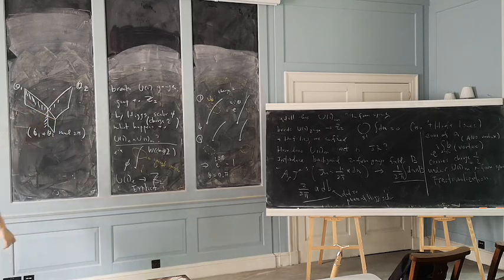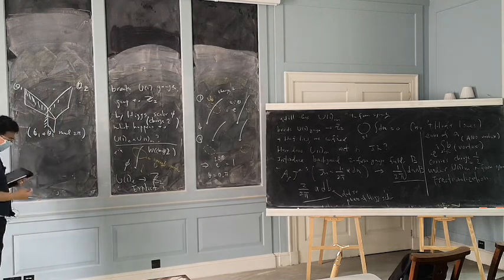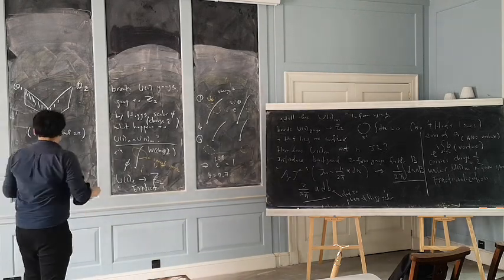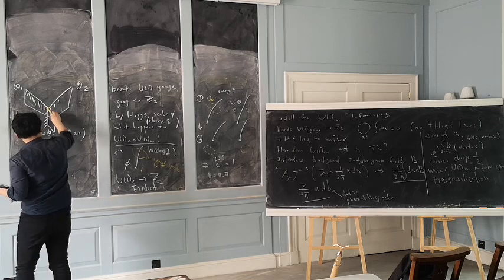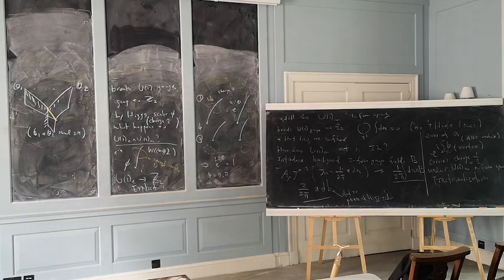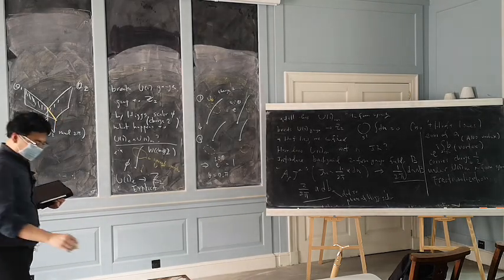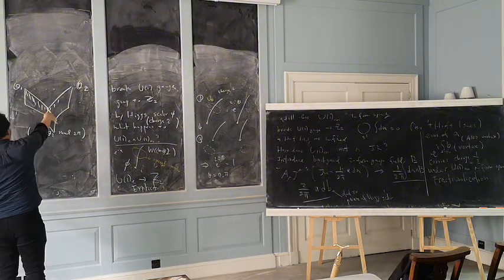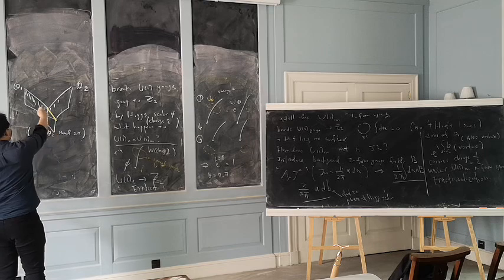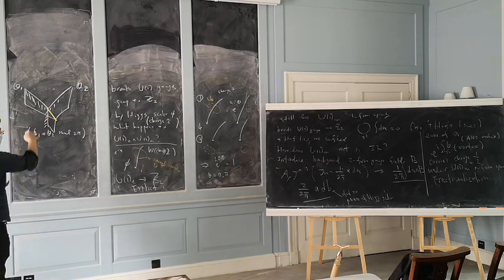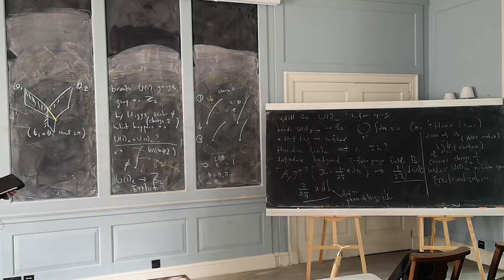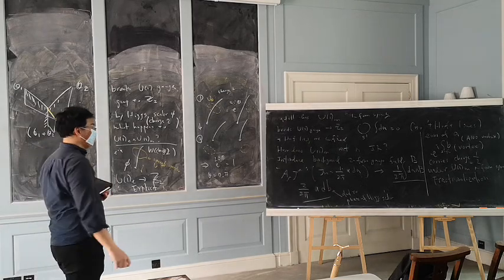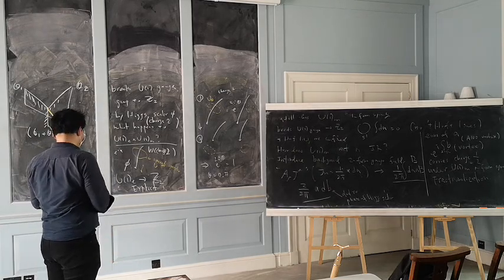Think of three surfaces meeting at a junction, which is a line. And then you can link the junction with the surface there. So that's how the transformation is done.